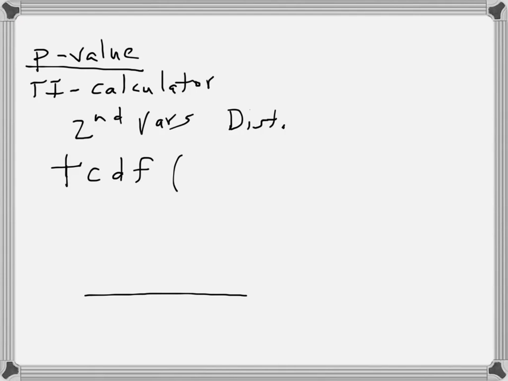Now the way tCDF works is just like normal CDF. Hopefully you're comfortable with that. T distribution is centered at 0. It's bell-shaped. It's symmetric, as we've learned. And the idea is, say I have a left tail test. It's going to depend on whether it's a left or right tail test. But say I have a left tail test, and I want to find the value of, I'm going to call this T star.